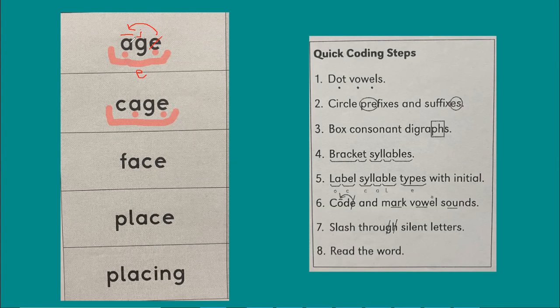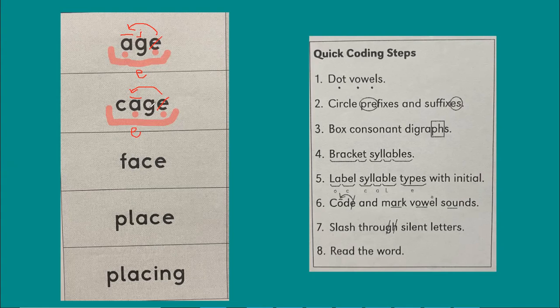So again, see how age is also in the word cage, which has just a C in the front. So it's going to also have that magic E. Go over and mark that long A. So that makes this a magic E syllable.